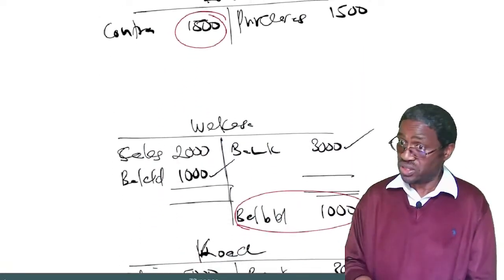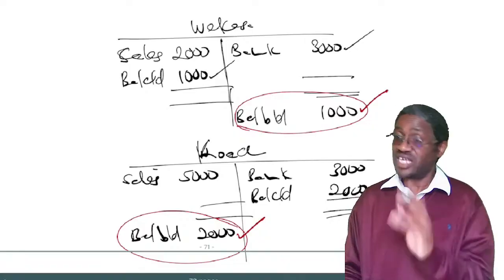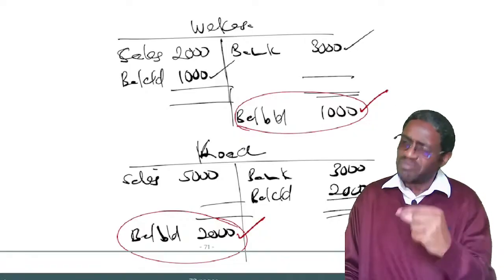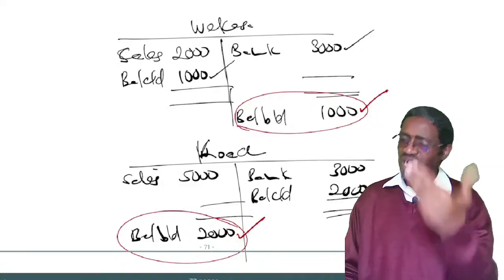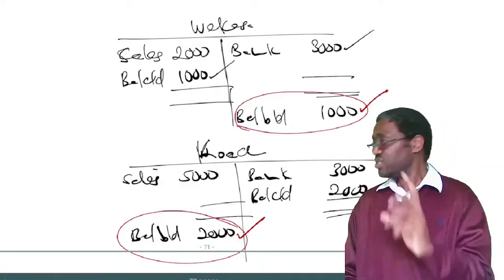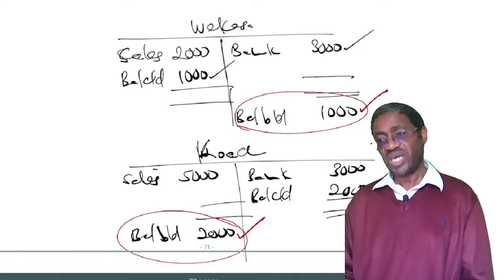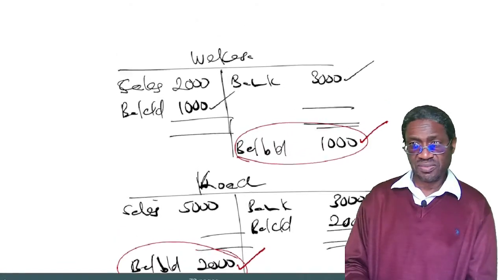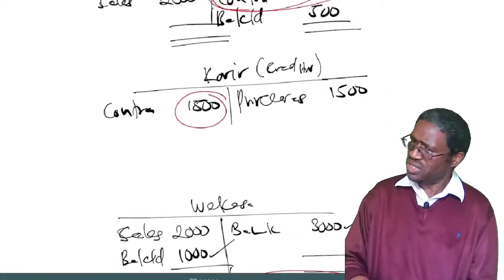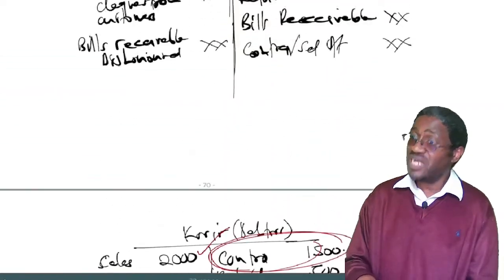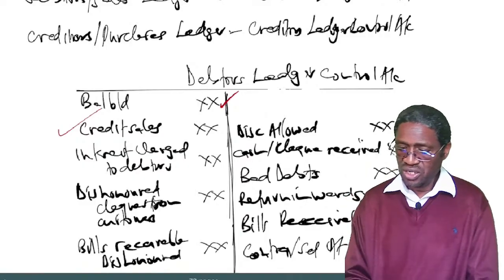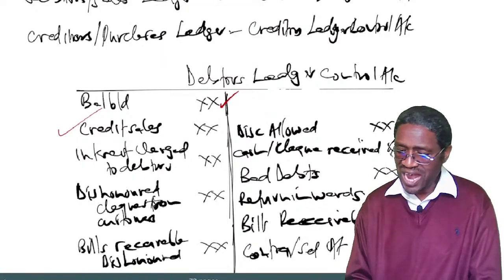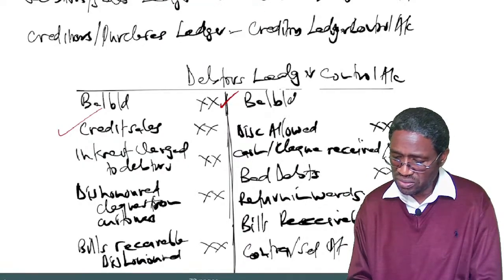Now, we can see again that it is possible that you may owe some customers, some of your debtors, like here Wekesa. We are not demanding from Wekesa now, like we were demanding from Koech. Instead, we owe Wekesa 1,000. It means therefore that by the beginning of the year, you could also have another balance brought down.